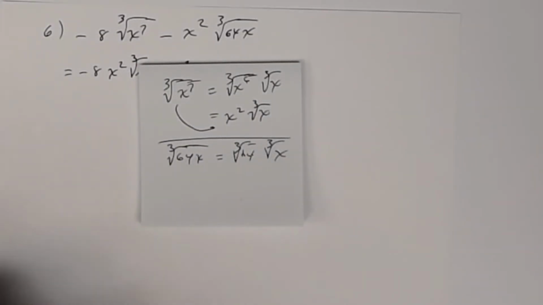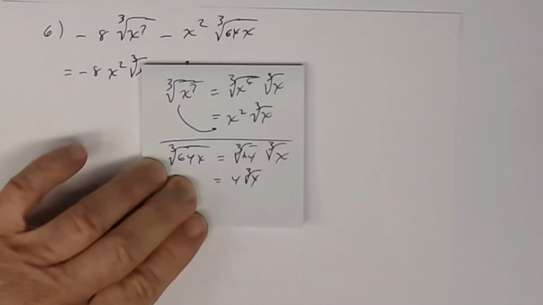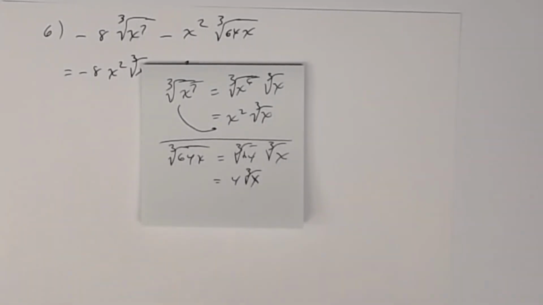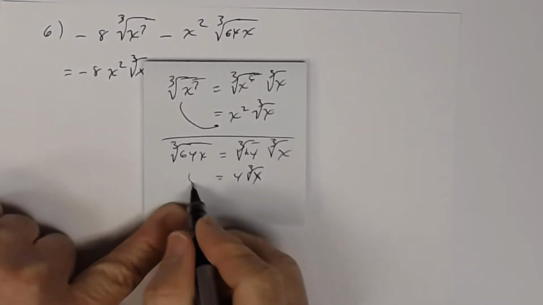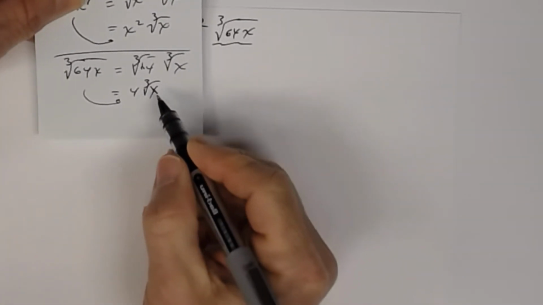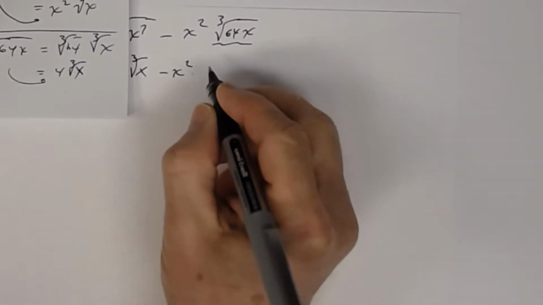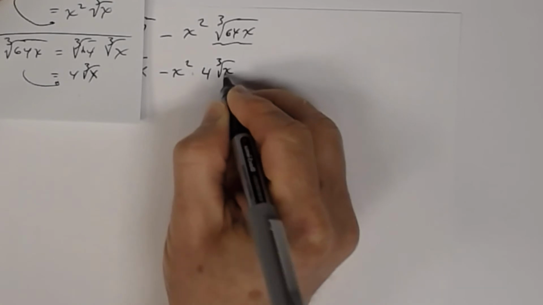So you get 4 cube root of x. Remember, if you're not sure, use your calculator. So I'm going to replace this, and I get minus x squared times 4 cube root of x.